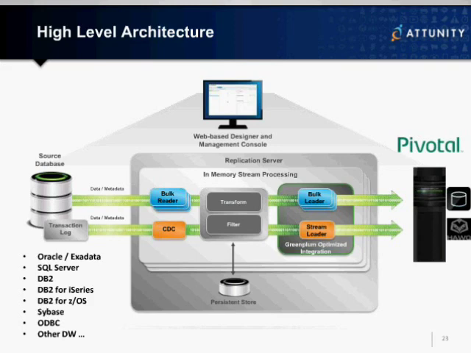Once you define those, they will automatically be applied both for the bulk loading, the initial snapshot of your data, as well as an incremental load of the data using CDC technology, change data capture, that captures data out of the source system's logs in a way that reduces impact and facilitates efficient real-time data delivery.